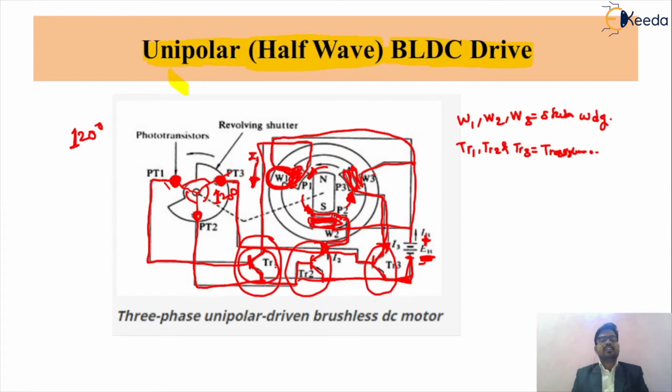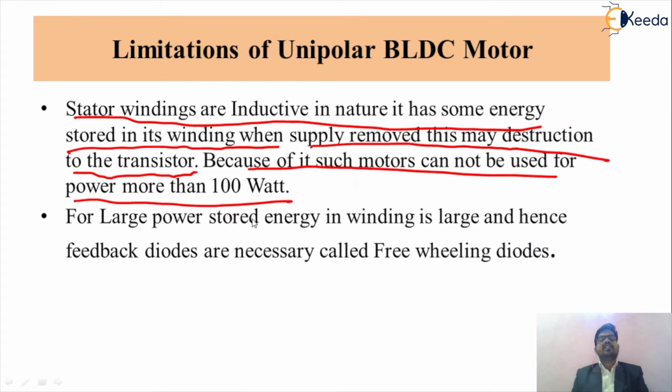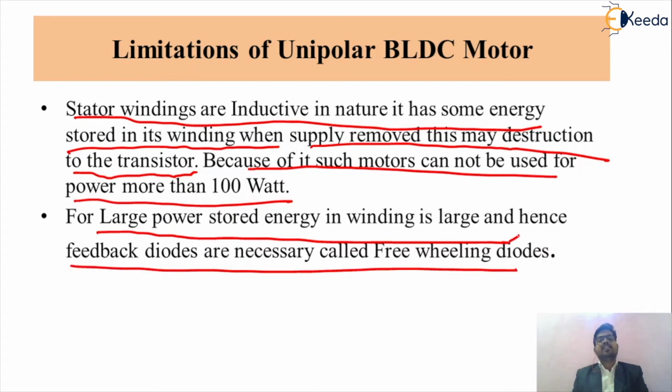This is one of the methods by which we can use a unipolar BLDC motor, by connecting a freewheeling diode, and that connection is useful for the large power stored as energy in the winding. That's why we can prefer this unipolar BLDC motor with a higher power rating.